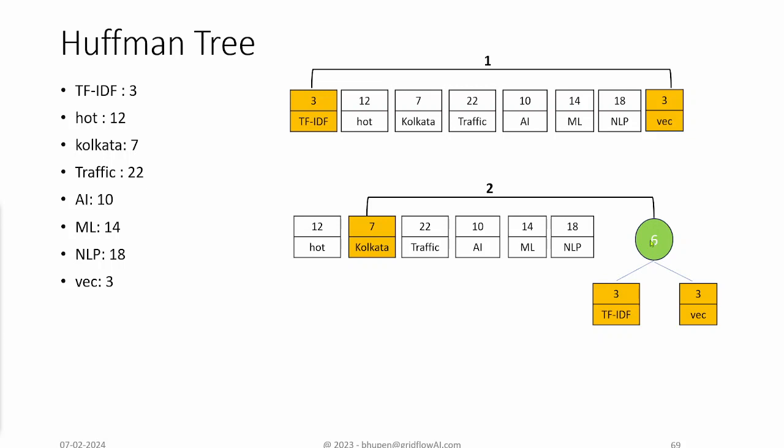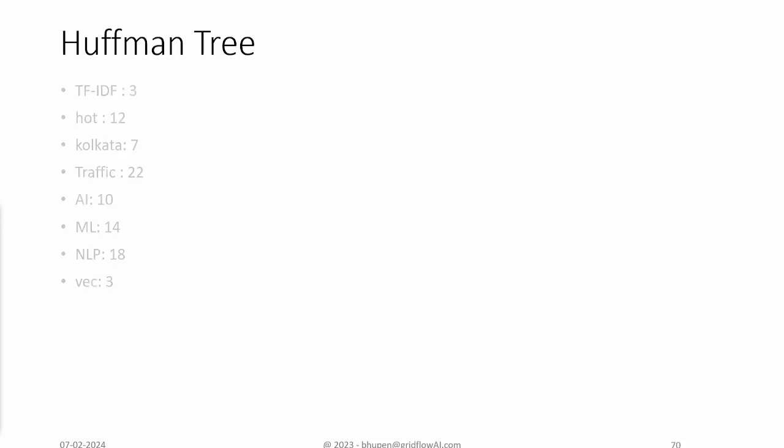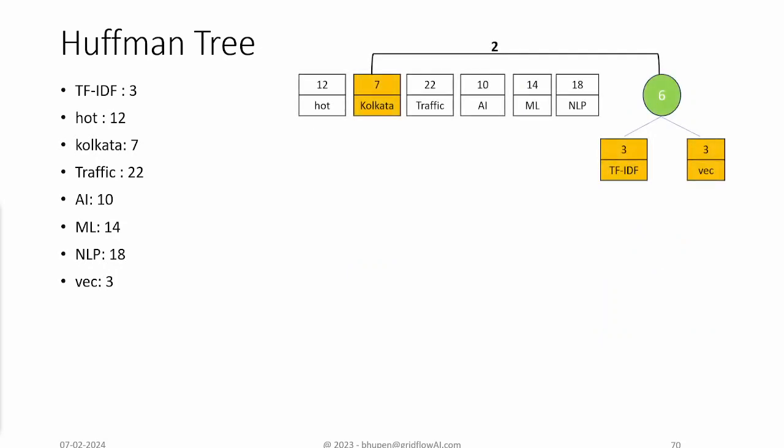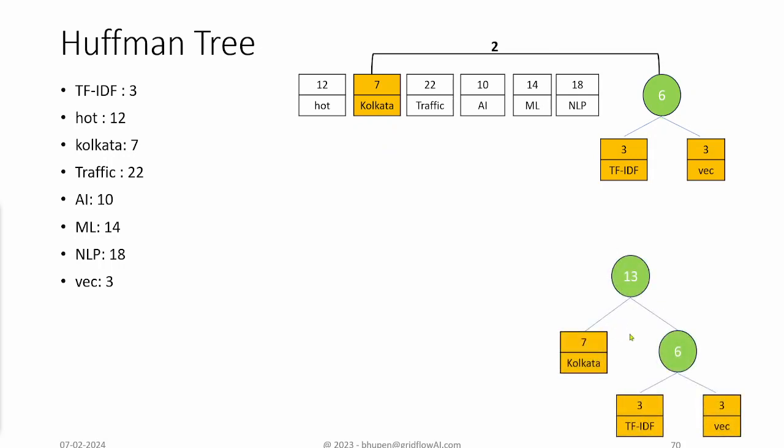So we can put them in a tree. After the second operation, Kolkata 7 and 6, we merge them together, so 7 and 6 becomes 13. This is where your Kolkata and the previously prepared binary tree are.